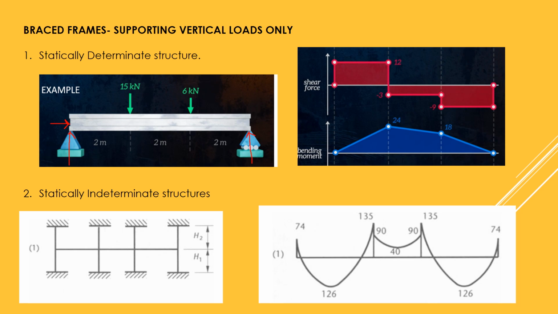Sometimes these subdivisions are not statically determinate. They are statically indeterminate structures. In that case, we have to use the moment distribution method to manually calculate the shear force and bending moment within the structure.